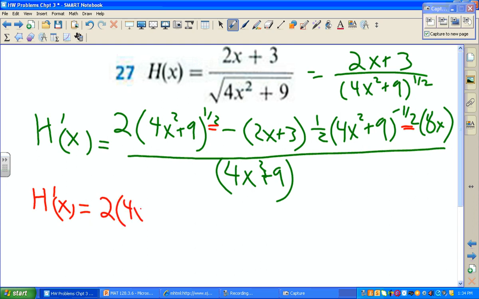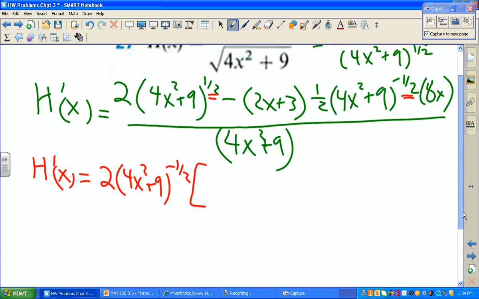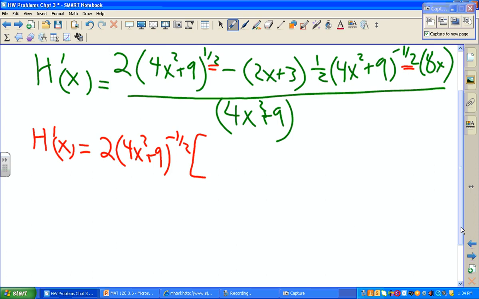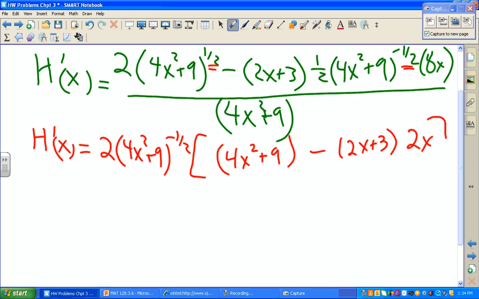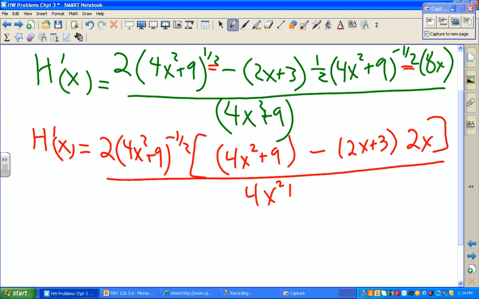I'll factor out the 4x squared plus 9 to the negative 1 half, leaving me with a 4x squared plus 9 to the first in the first term, minus a 2x plus 3. A half of 8x is 4x, but I took a 2 out, leaving me with a 2x. All over 4x squared plus 9.